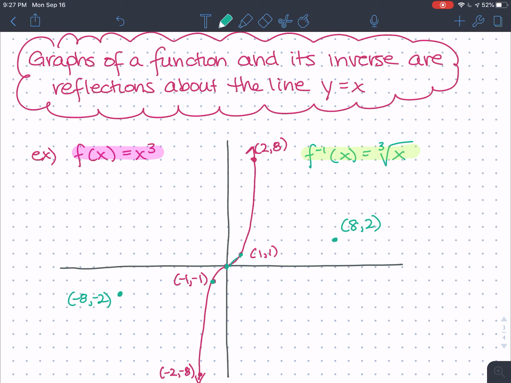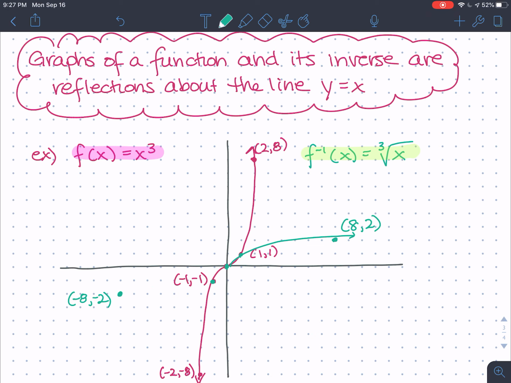Let me graph that again. So now we have that one.